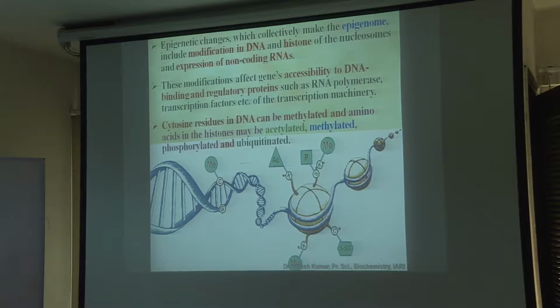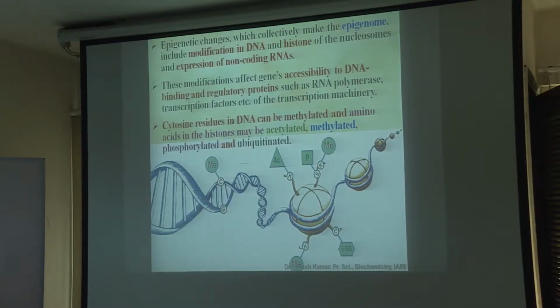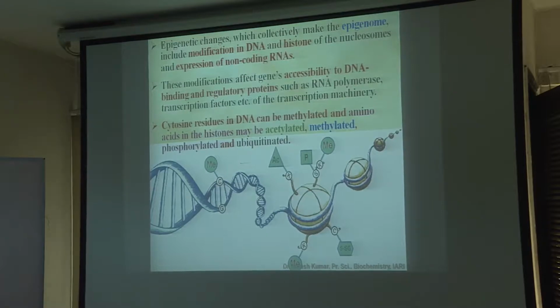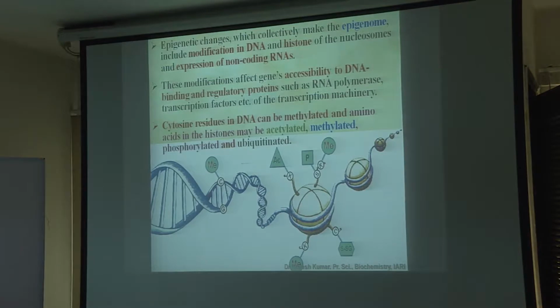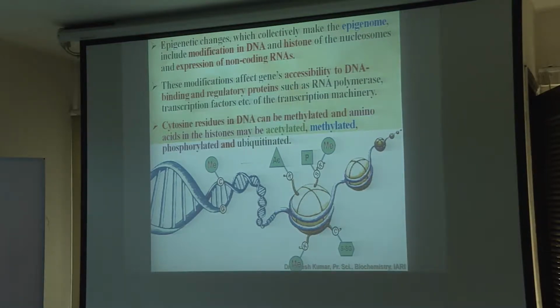And if more small RNA is there, it will bind with methyl transferase, and wherever complementary sequences are there, methylation will be done. So, biogenesis of a small RNA is also going to affect the methylation process. Okay. And similarly, for methylation of DNA and of histone protein, enzymes are required.